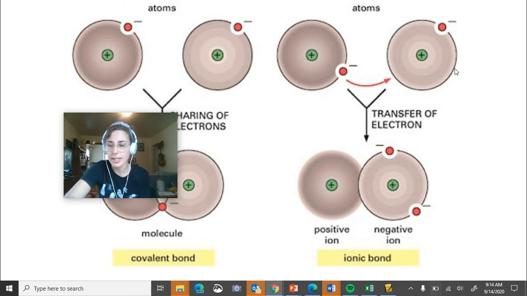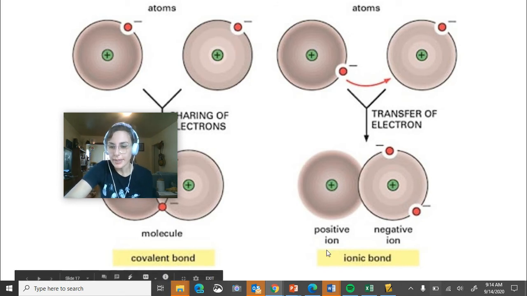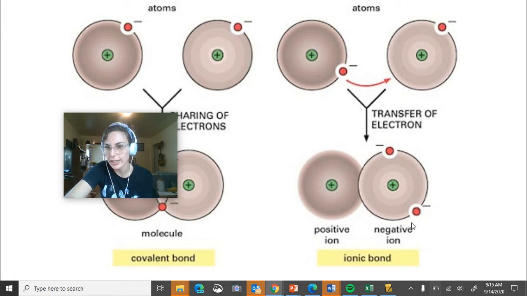Versus the atom that was just given this electron, it's going to be more negative now. It has an extra electron donated to it. So this would be called an ionic bond. The negative ion is the one that has an abundance of electrons. It has more electrons than protons, versus the positive ion, which has a more positive charge. It has fewer electrons because it donated one.